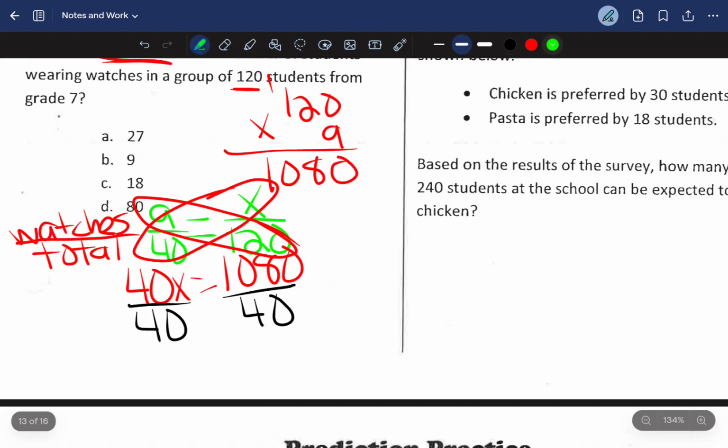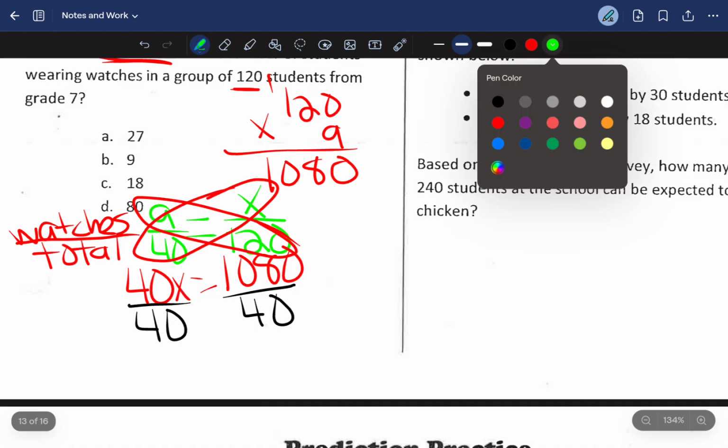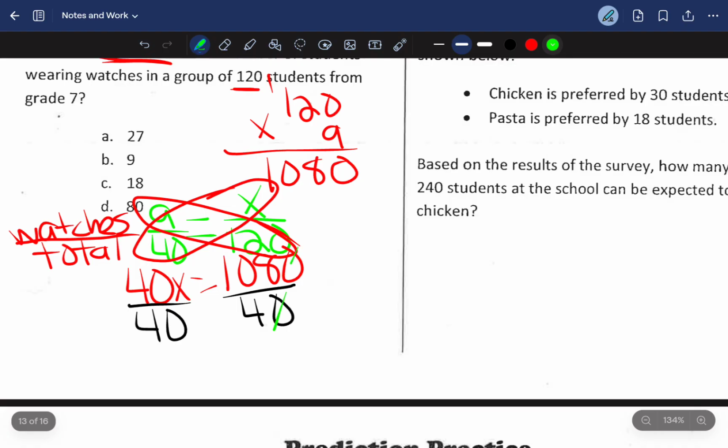And again, if I have any zeros to cross out, I'm going to cross them out. So I can cross that out, and now I have 108 divided by 4. And if I go through that, I get 27. So A is my answer.